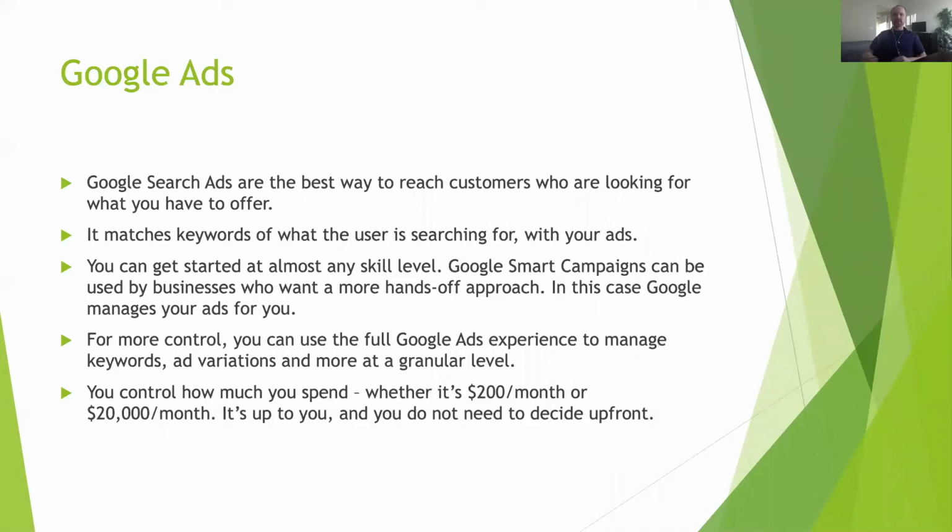What I mean by that is there are different types of advertising you can do on Google. You can do what's called display advertising, where your ad shows up on a bunch of different websites, and it's usually an image. And you can decide which websites your ad goes on, and you can decide maybe themes of types of websites to show your ad on.